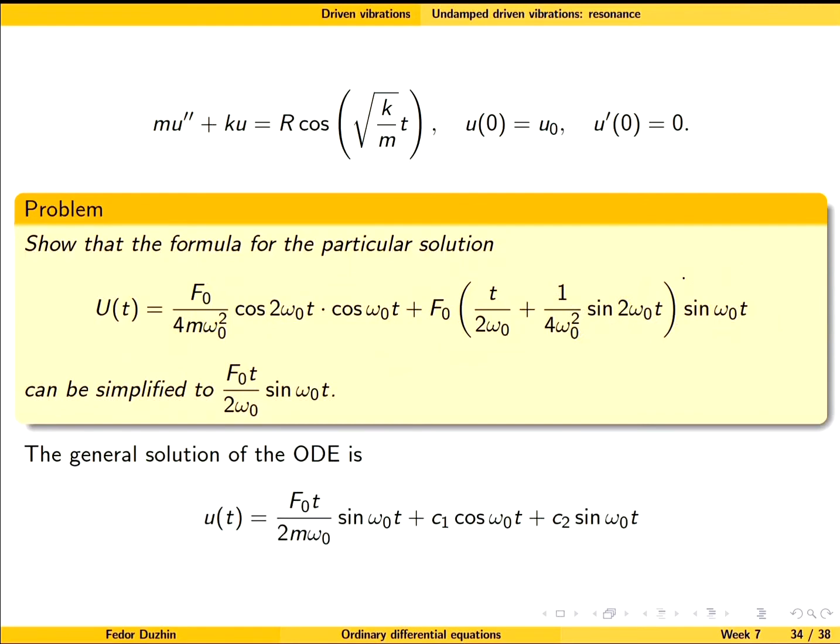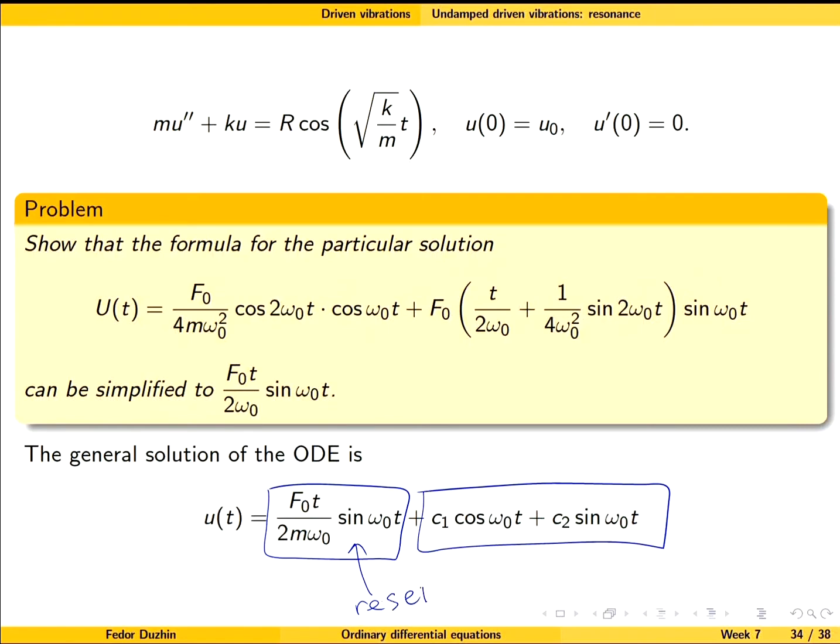Which means that the general solution of the differential equation is a combination of three terms. This is the general solution of the homogeneous differential equation, so it's just oscillation. But this is the resonance part. This part is what causes the resonance.